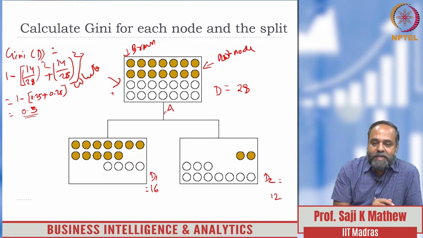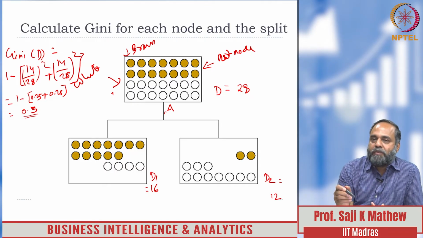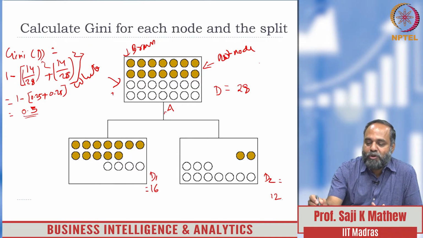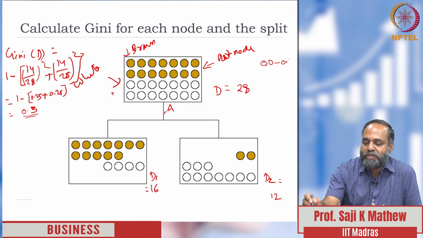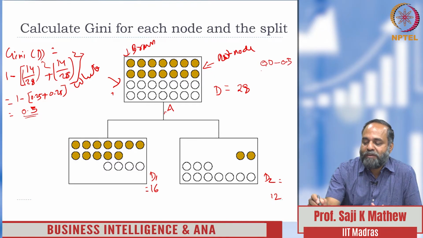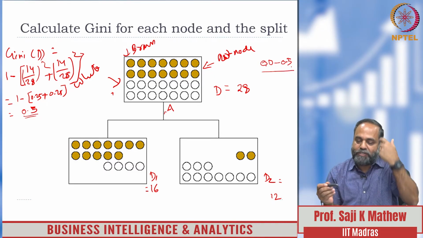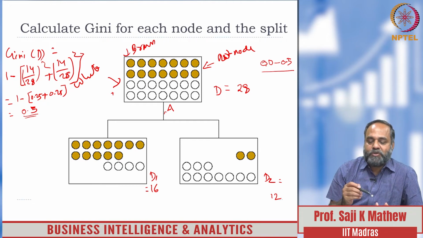So it is 1 minus 1 squared, therefore 1 minus 1, which would show that for a pure node the value of Gini score will be 0. So, Gini score will vary from 0 to 0.5. That is the range. So, the lower the Gini score, the better the purity.